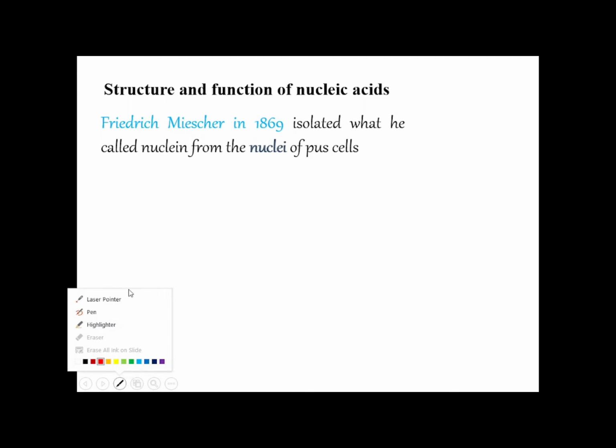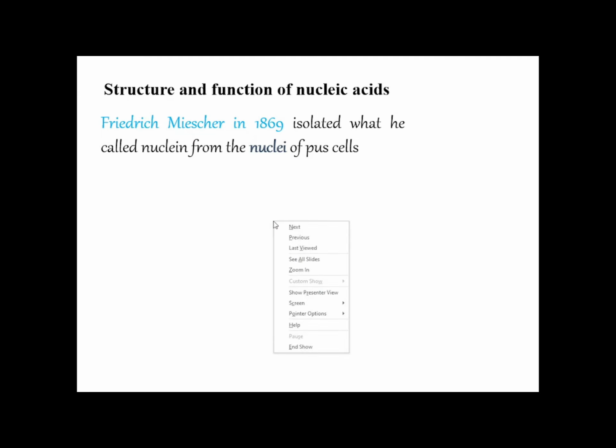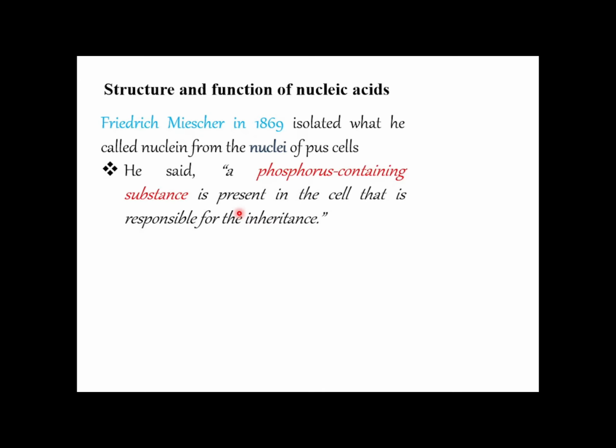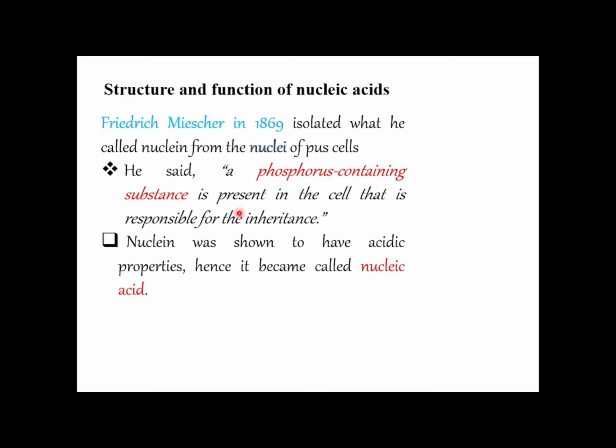Actually, it was first identified or discovered by a scientist called Miescher in 1869. What he did was isolate nuclein from the nuclei of pus cells. There are different chemical compounds, and among them there is phosphorus. He said a phosphorus-containing substance is present in the cell that is responsible for the process of inheritance.